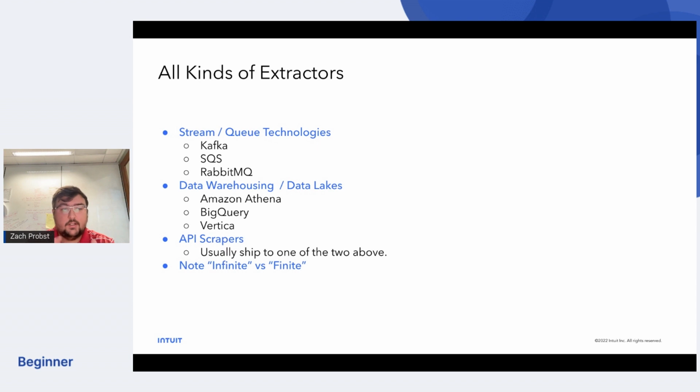And I'm going to note a distinction here between infinite extractors and finite extractors. If you run an Athena or a BigQuery query, it's going to produce a finite number of results. So your extractor is going to run out of data at some point, versus a Kafka topic where your extractor is just going to keep pulling and keep waiting for more data.